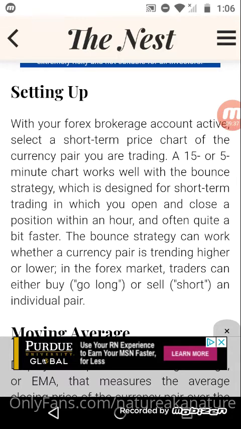This is designed for short-term trading, where you open and close a position within an hour, and often quite a bit faster than that. The bounce strategy can work whether a currency pair is trending higher or lower in the forex market, so in both uptrend and downtrend this bounce strategy works. In the forex market, traders can either buy and go long or sell and go short on the individual pairs.